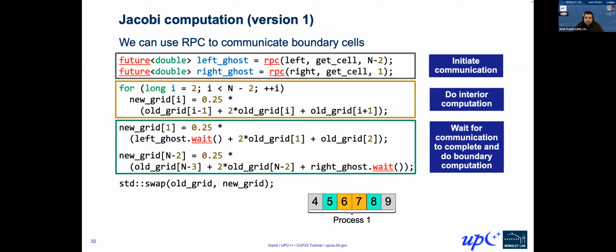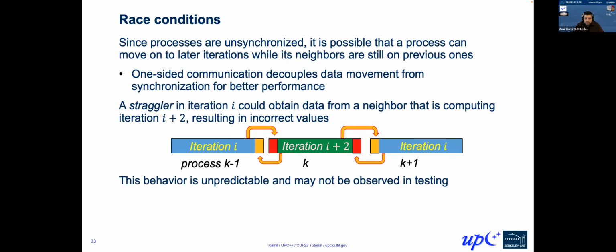Okay. So in the context of this particular example, what can potentially happen is that one process sends an RPC over to another process to read its old grid. But that other process could have moved on to the next iteration. And so it might have a different value for old grid than what the initiator was expecting.